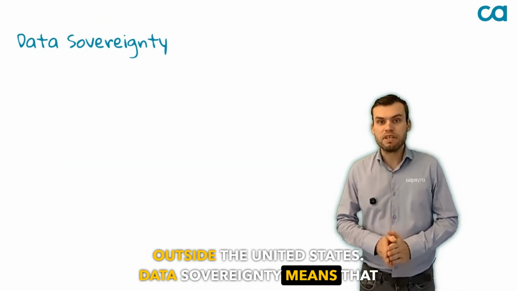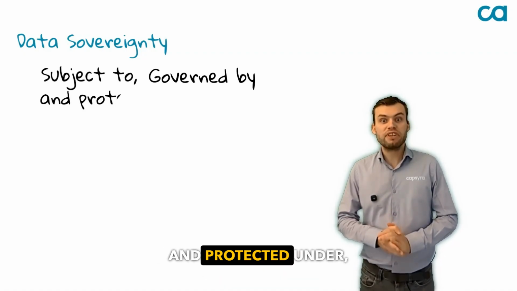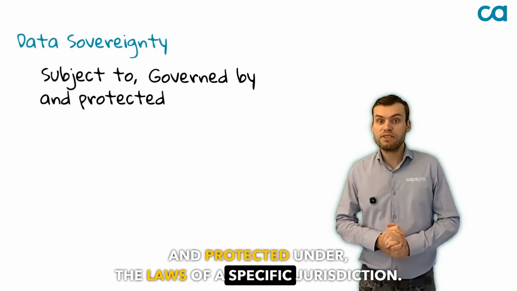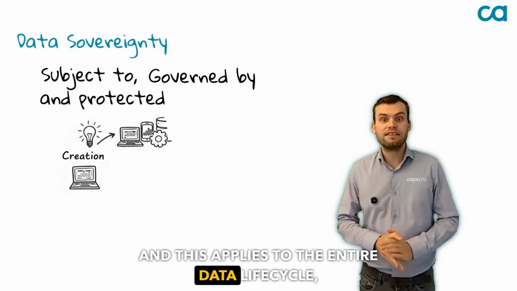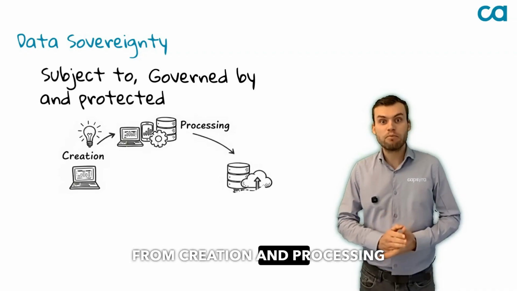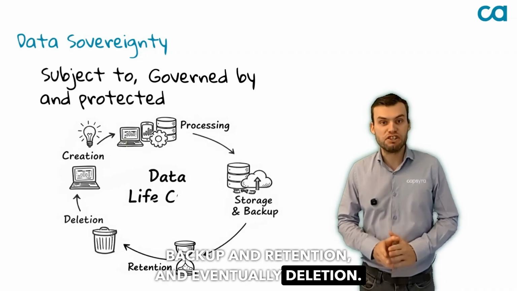Data sovereignty means that your data is subject to, governed by, and protected under the laws of a specific jurisdiction. And this applies to the entire data lifecycle, from creation and processing to storage, backup and retention, and eventually deletion.